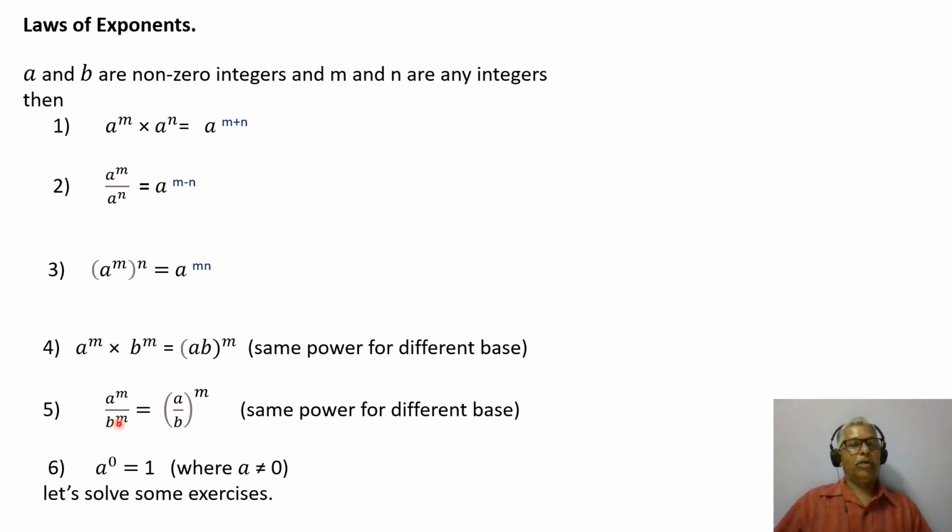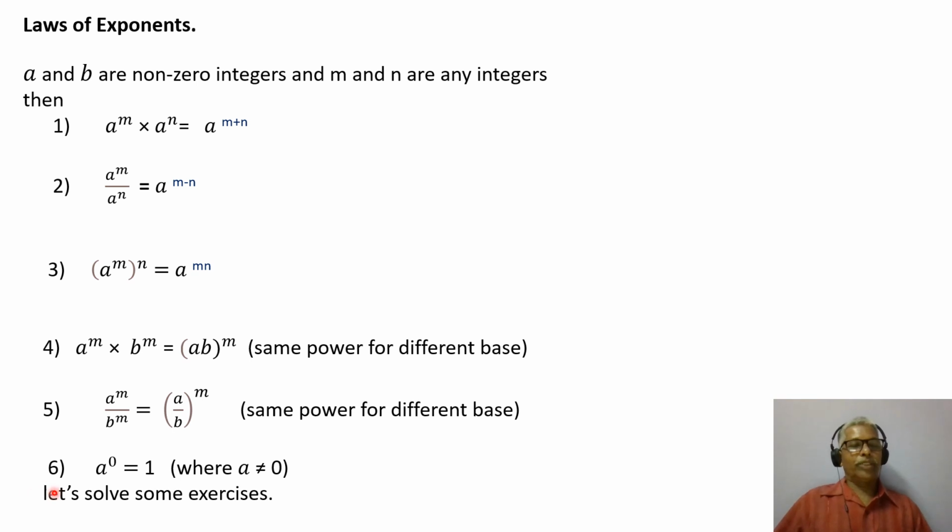Similarly here, a raised to m upon b raised to m is equal to a upon b, the whole raised to m. Similarly here, as here and here, it is the same. This is division and this is multiplication. So very easy to remember.